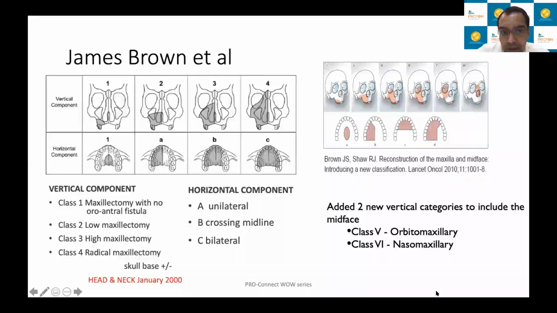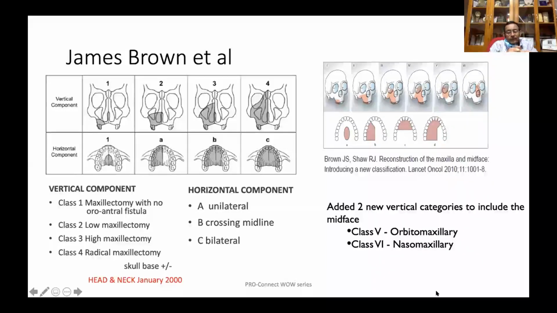Yeah, I would say the competition is between Cordero and James Brown, if you look at the literature. Both are good friends of mine, so I cannot say that it's personal sort of anything, right?